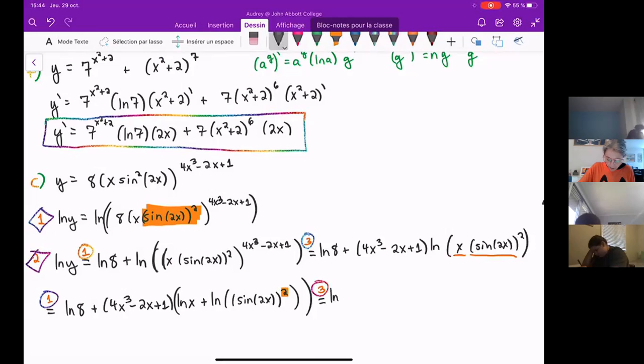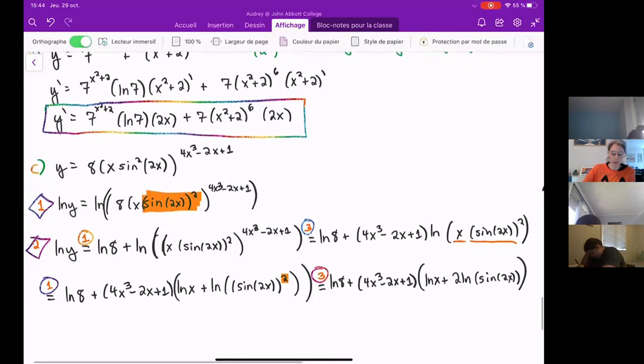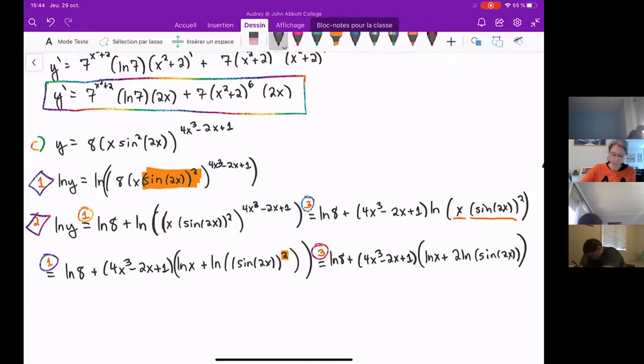Which gives me ln 8 plus 4x cubed minus 2x plus 1 times ln x plus 2 ln of sine of 2x. So I actually used both rules, 1 and 3, 2 times. Are there any questions about that simplification?